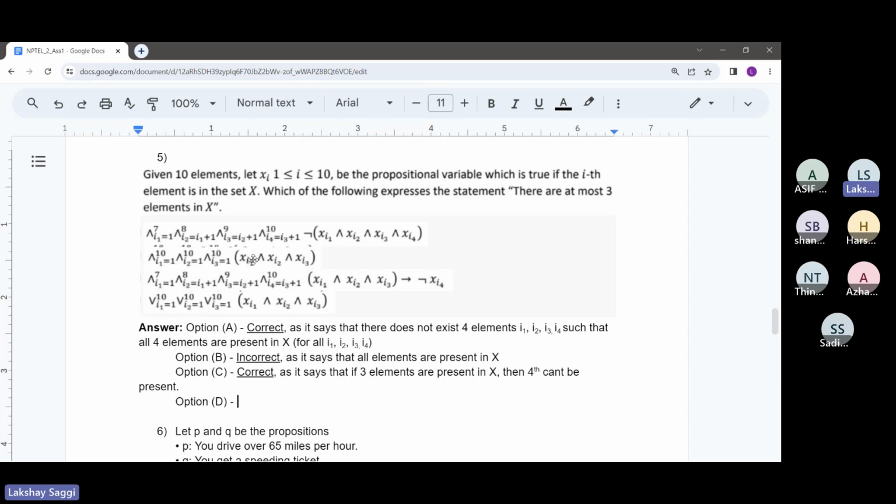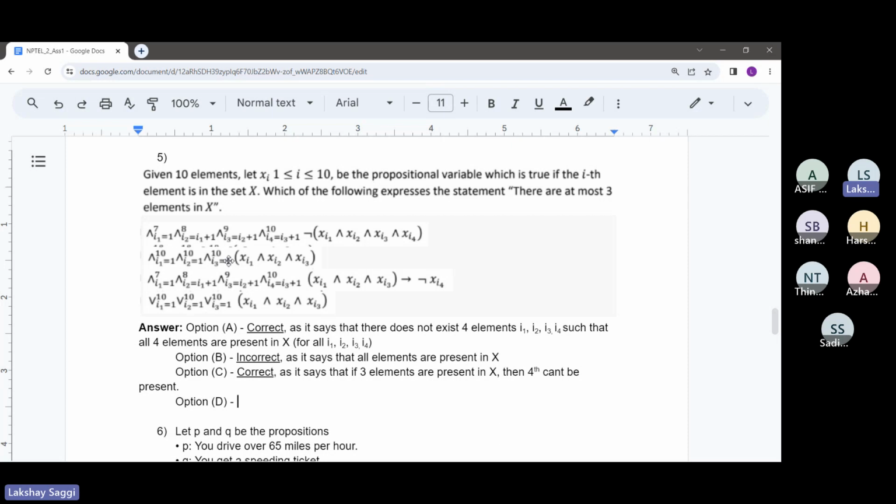So xi1 and xi2 and xi3 only means that I1 and I2 and I3 should be present in X, and this should be true for at least one I1, I2, I3. But it does not prevent a fourth element from also being in X, right? As you can see, let's say all of x1, x2, x3 up to xn were true.